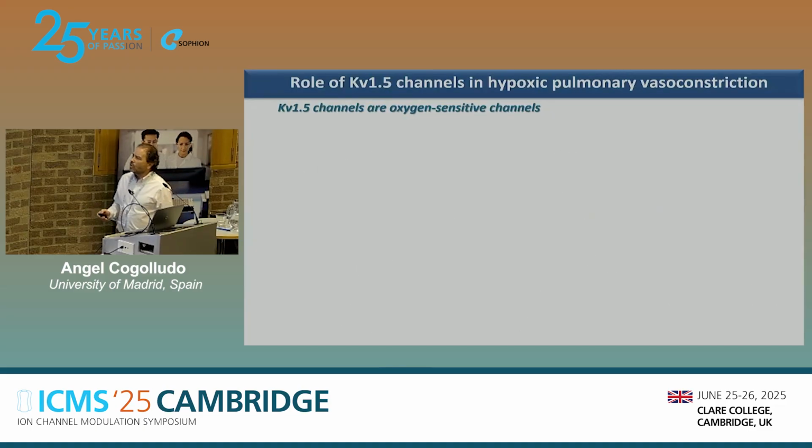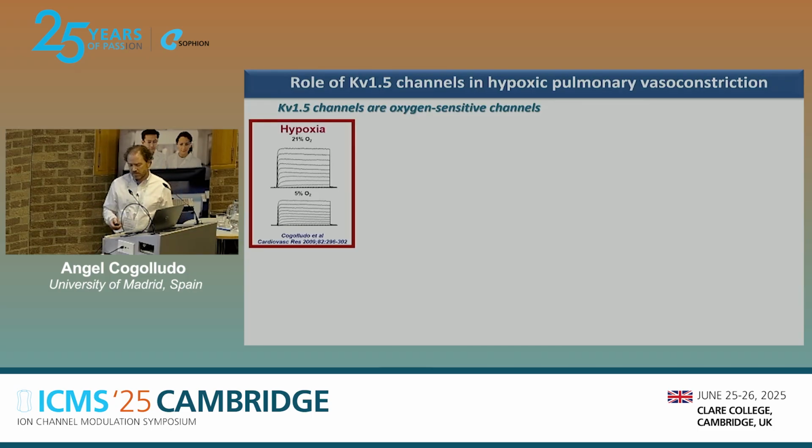But another important issue of these channels is that they are oxygen sensitive. A long time ago, several groups like Stephen Archer, Kenneth Weir and Jason Yuan were the first to show that hypoxia inhibited these Kv currents in the pulmonary vasculature, and this contributed to the so-called hypoxic pulmonary vasoconstriction, or HPV, which is a physiological response of the small pulmonary arteries, which constrict in response to low oxygen levels.